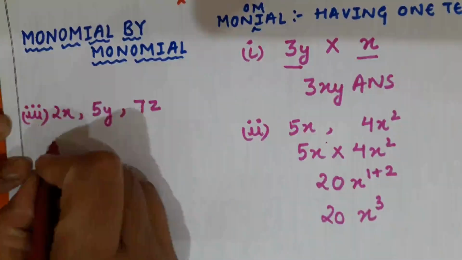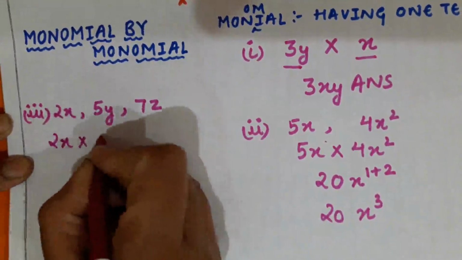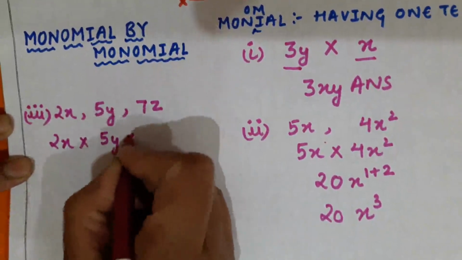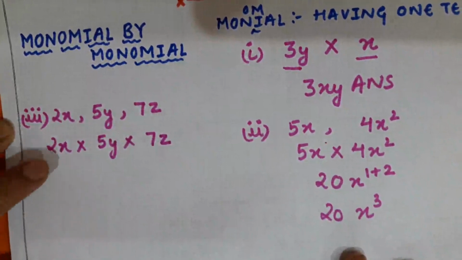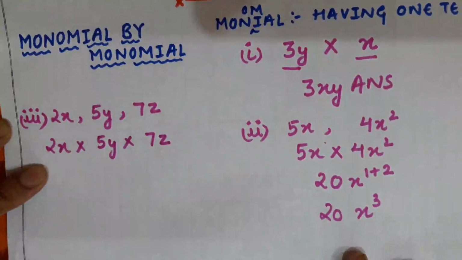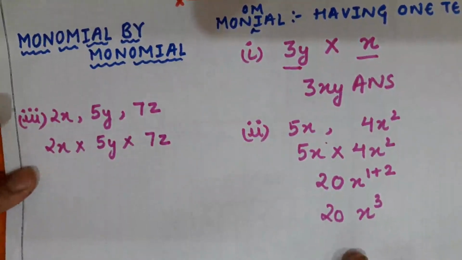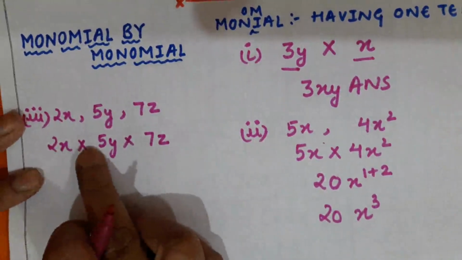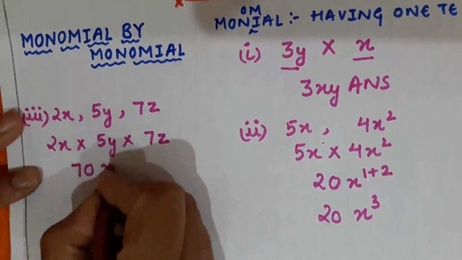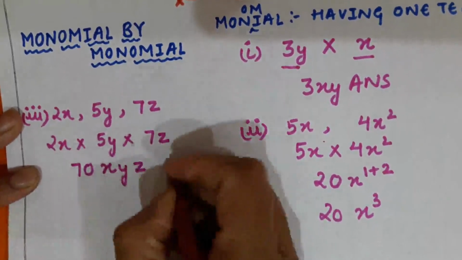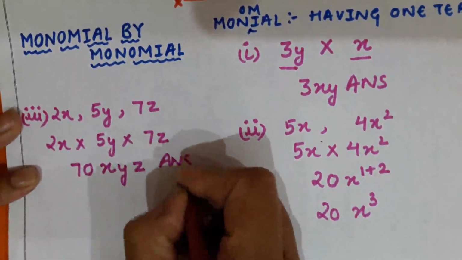Let's multiply 2x by 5y by 7z. All have different variables, so we write the variables as they are. 2 into 5 is 10, 10 into 7 is 70, so it gives you 70xyz. This will be your answer.